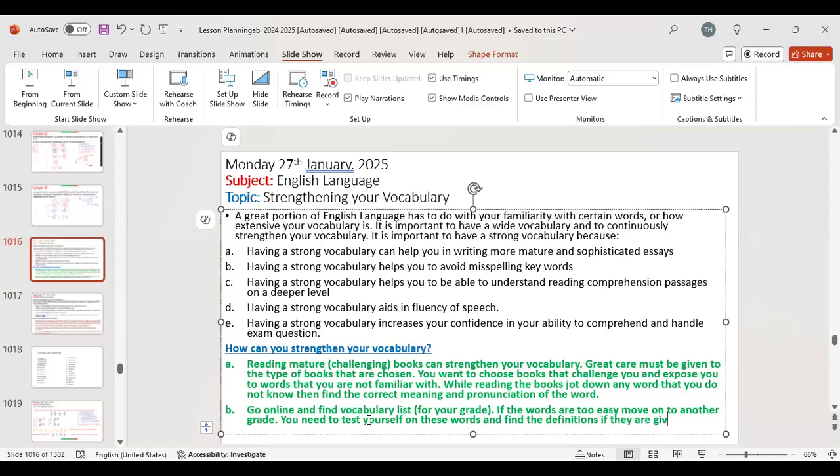Sometimes they might give you the definition, sometimes they might not. In any case, you want a vocabulary list that has the definition in it. If it doesn't, find one that does.